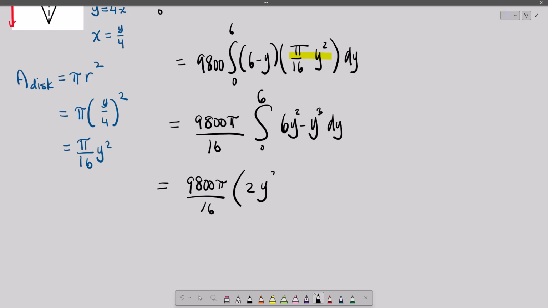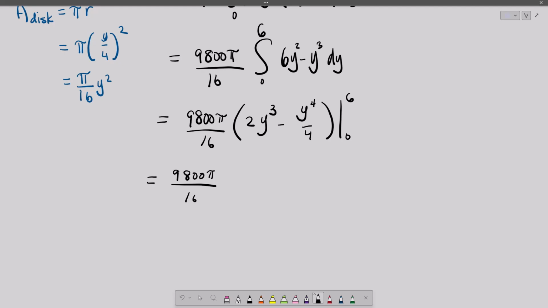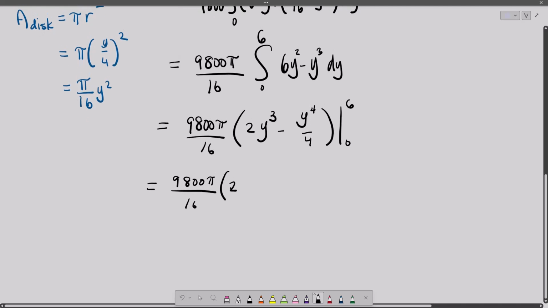So this is going to be 2y cubed minus y to the 4th over 4 from 0 to 6. Zero gives us nada. So all we have to worry about is the 6. Plug in 6, we're going to get 6 times 6 times 6, which is 216 times 2. So 432. Somebody double check me on that. That's correct.